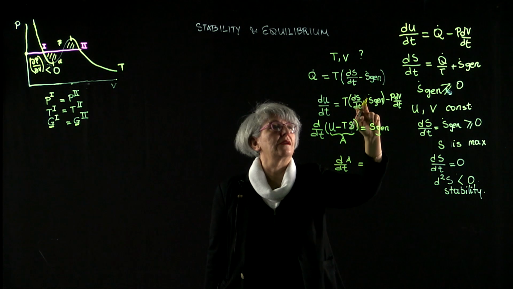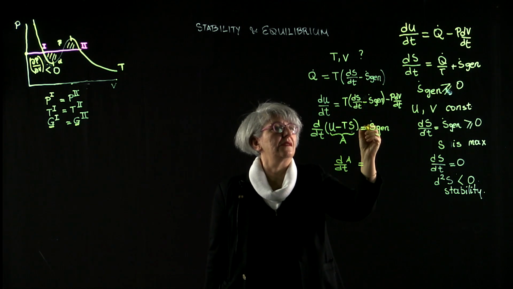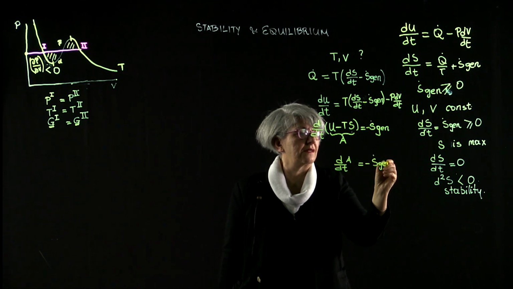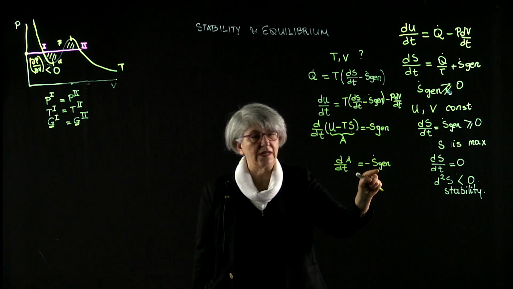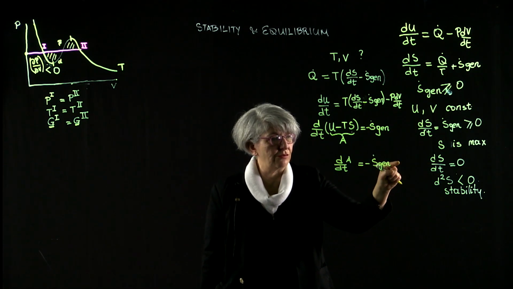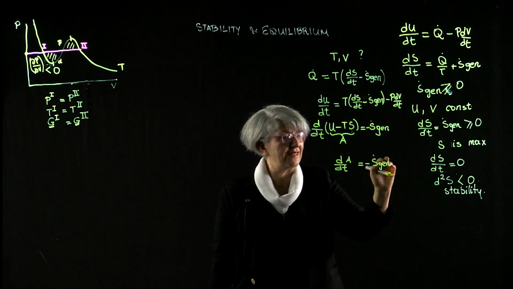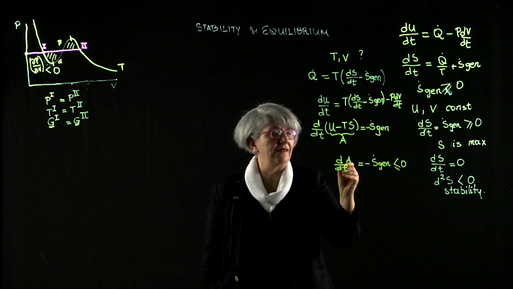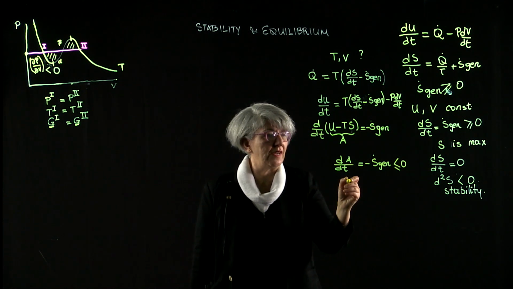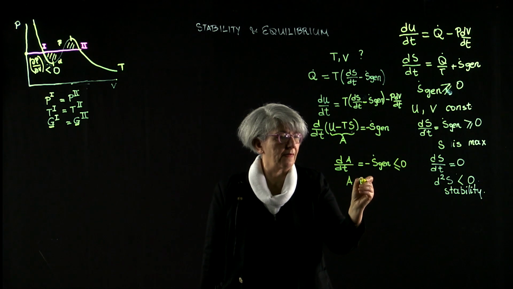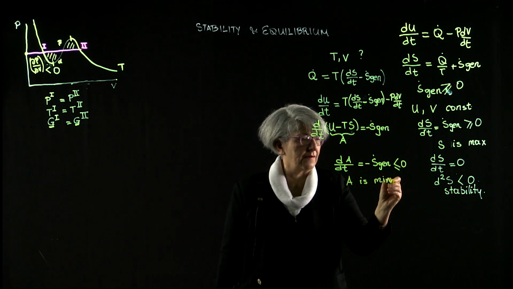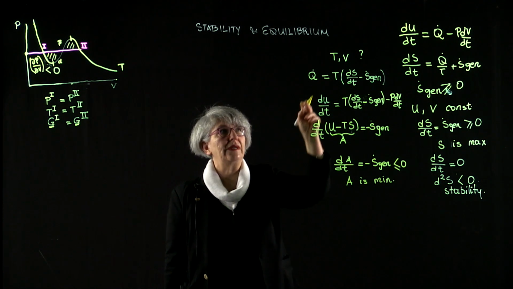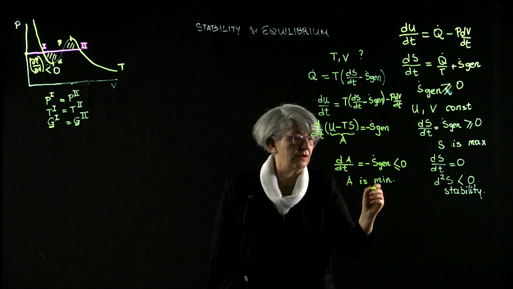This should be minus S generated. If entropy generation has to be greater than or equal to 0, minus S generation has to be less than or equal to 0. As a result, we have a Helmholtz free energy minimum if our system approaches equilibrium under constant temperature and volume constraints.